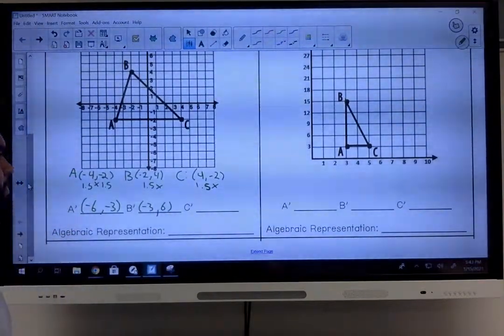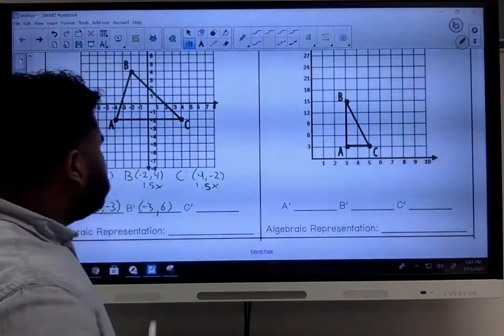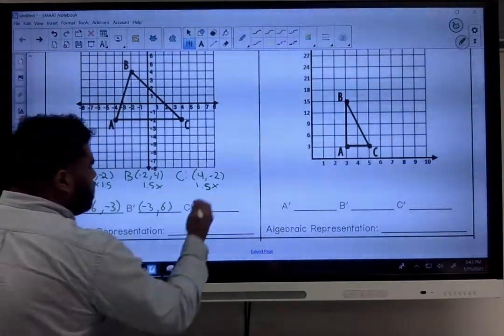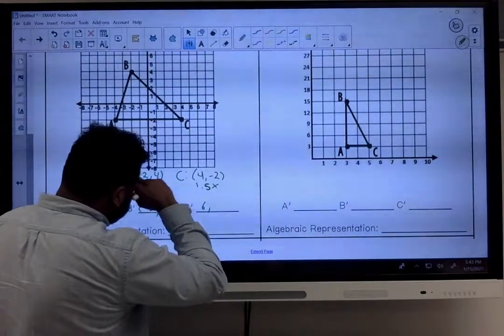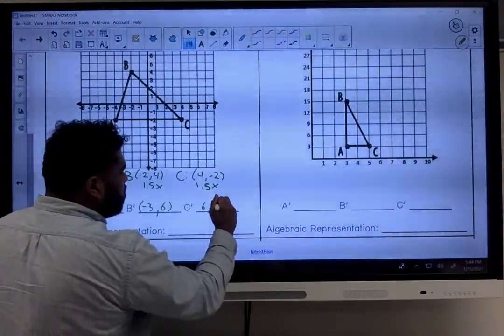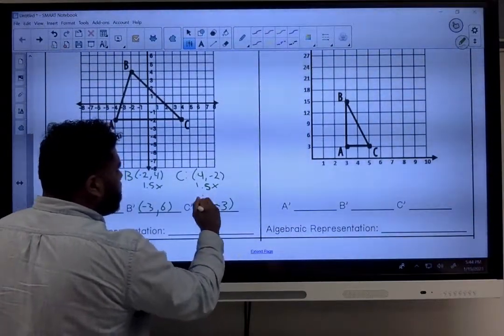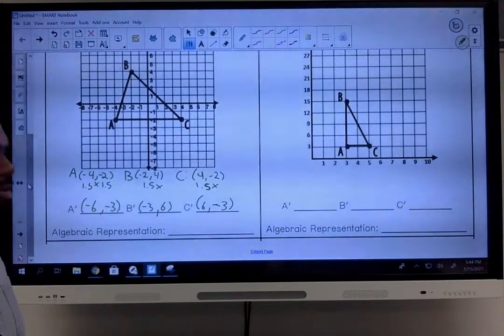If you're having trouble with the calculation, just pull out a calculator. So 4 times 1.5 would be 6, and -2 multiplied by 1.5 would be -3.